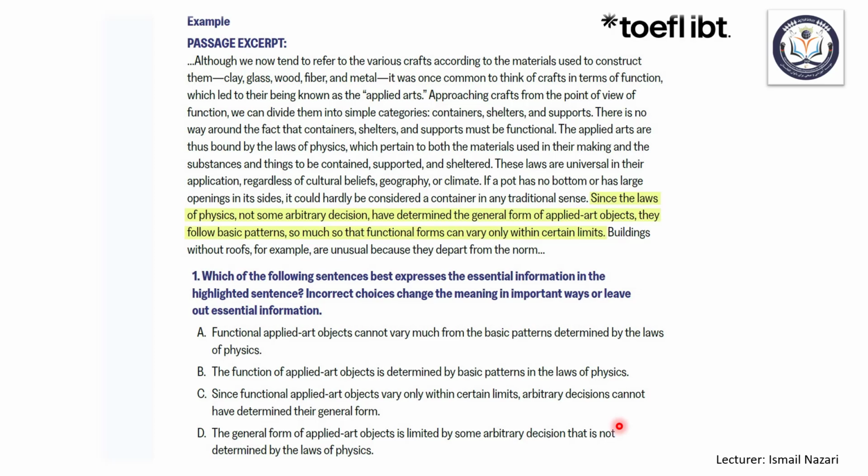As an example, in this sentence we have "since." It is a transition word. So what is the function of "since"? It shows reason.